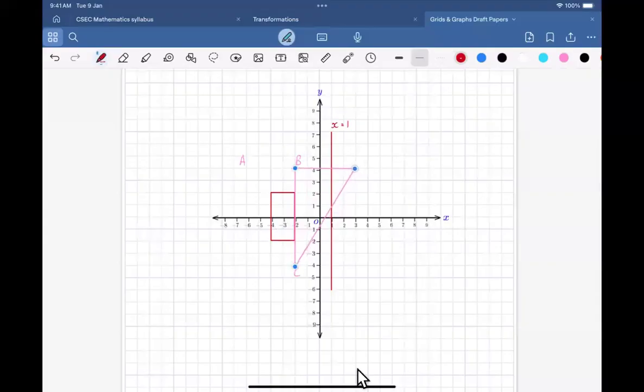What's the only thing that changes? Watch it again. So that's C, B, and A. A is the only thing that changes. Understand? Yes, I understand.